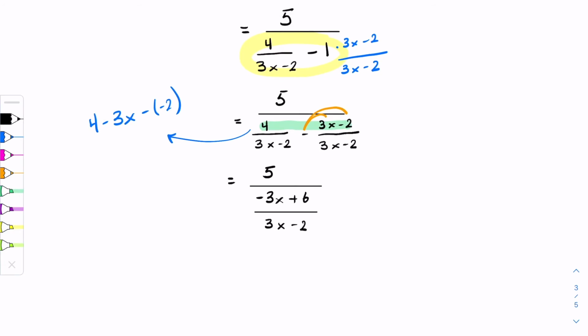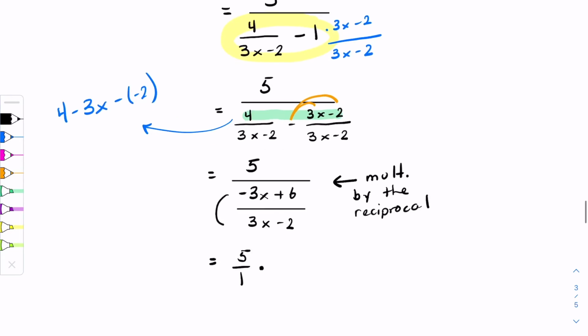At this point, to simplify the fraction, we are going to multiply by the reciprocal. To do that, we have 5 over 1 as our numerator, and our denominator is going to now be multiplied instead of divided, and we're going to switch this second fraction, giving us 3x minus 2 as our new numerator, and negative 3x plus 6 as our denominator.